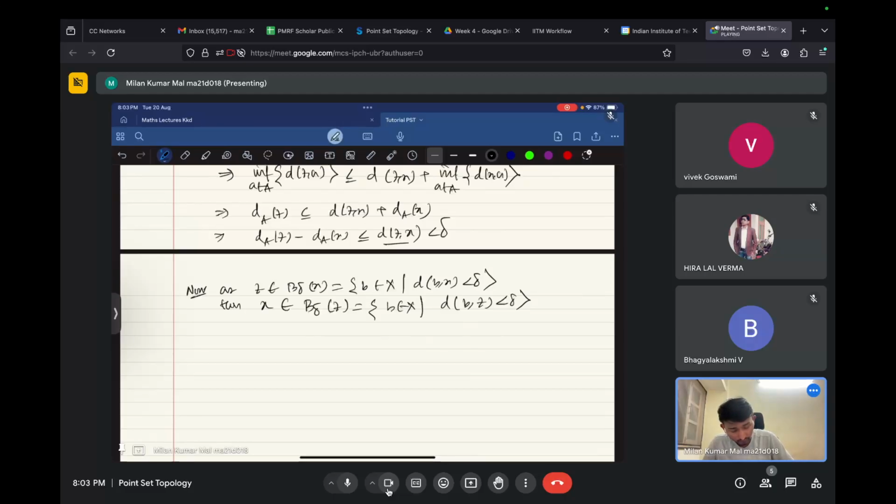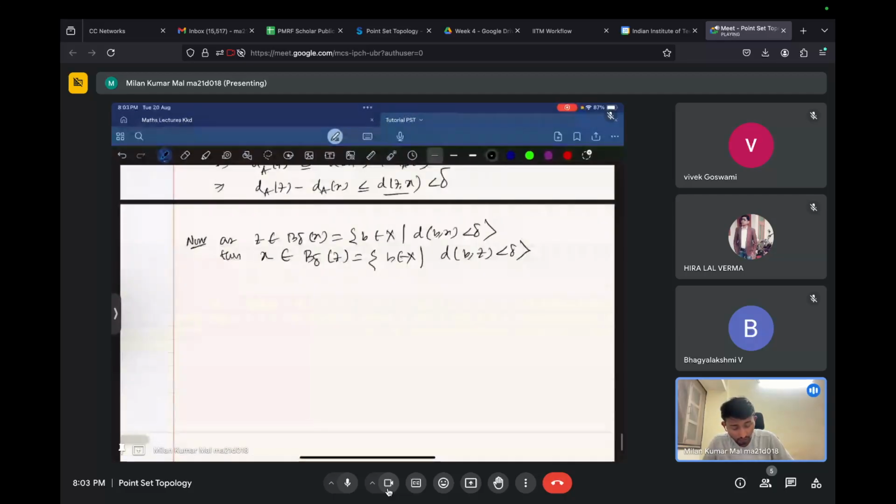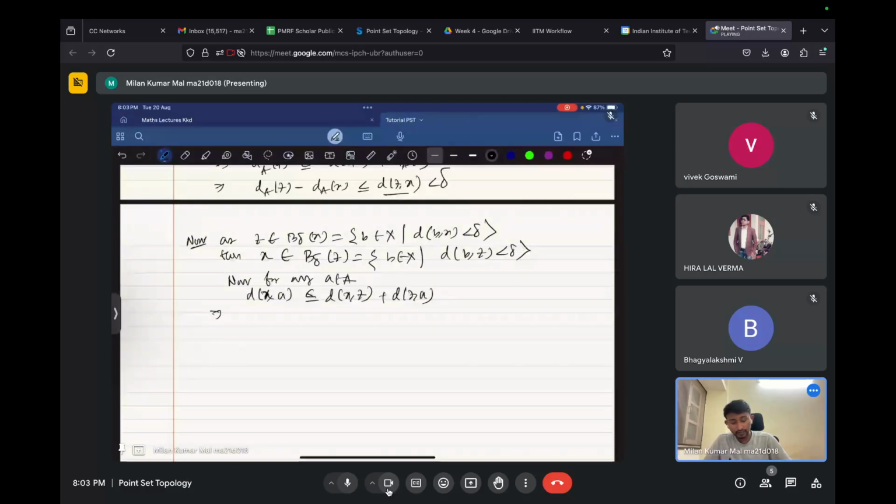Now for any a belongs to capital A, d(x,a) is less than or equal to d(x,z) plus d(z,a). Now again taking the infimum over all a belongs to capital A, the infimum of d(x,a) is less than or equal to d(x,z) plus the infimum of d(z,a).